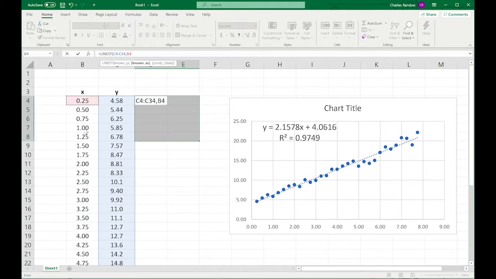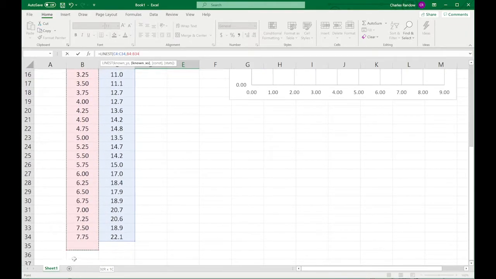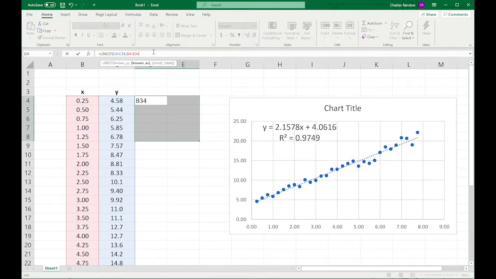Then you want to select all the information in the x column. And then a comma, and we're not going to get into any of the details of this, but you enter 1, 1 as the final 2 entries and close the parentheses, but do not hit return.